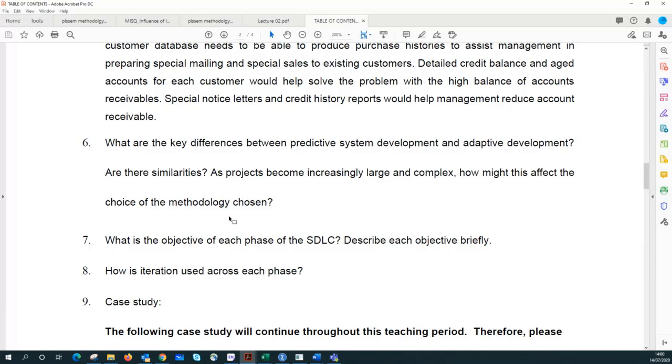We can exactly predict what kind of product we are going to produce in these development activities.